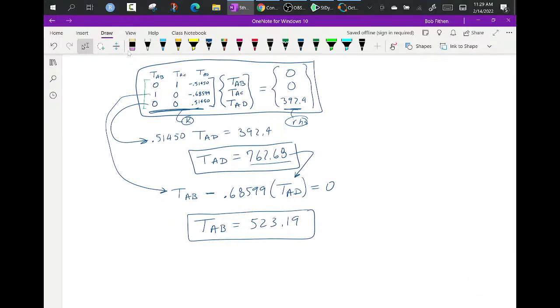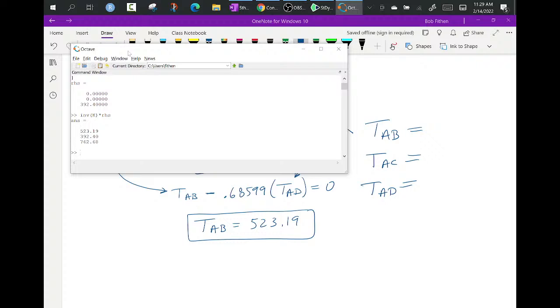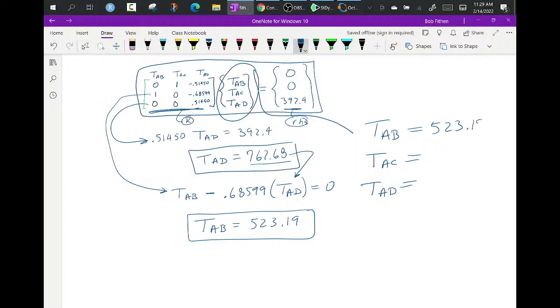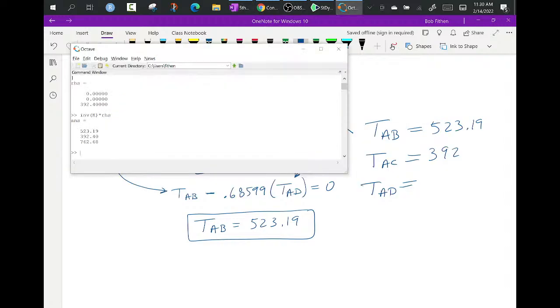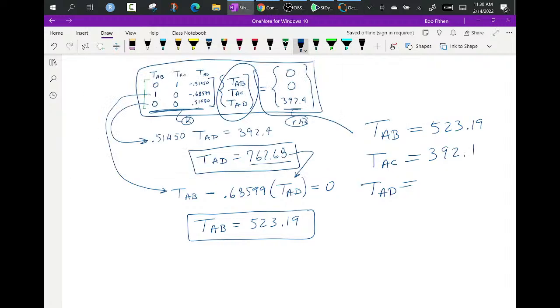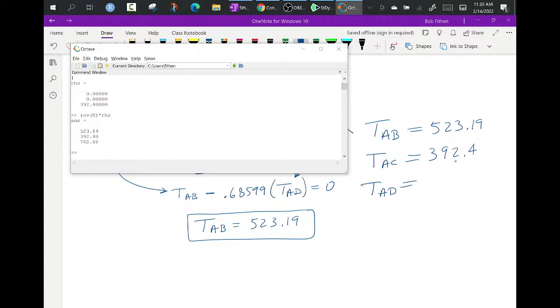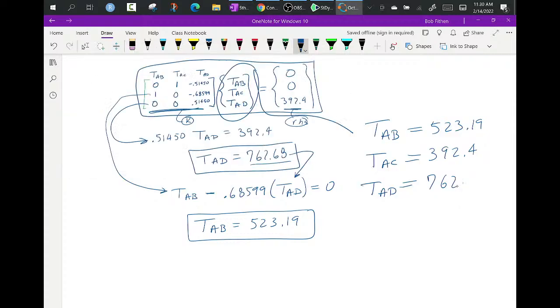I'm going to list it in this order: TAB, TAC, and TAD. 523, and I don't know why I'm copying these down, 392.4, and 762.68.